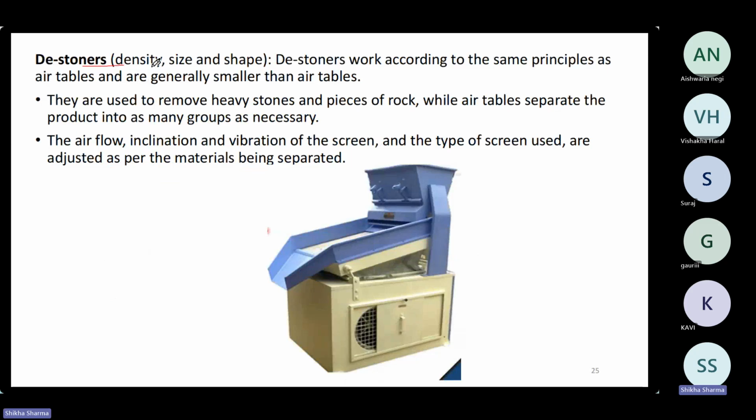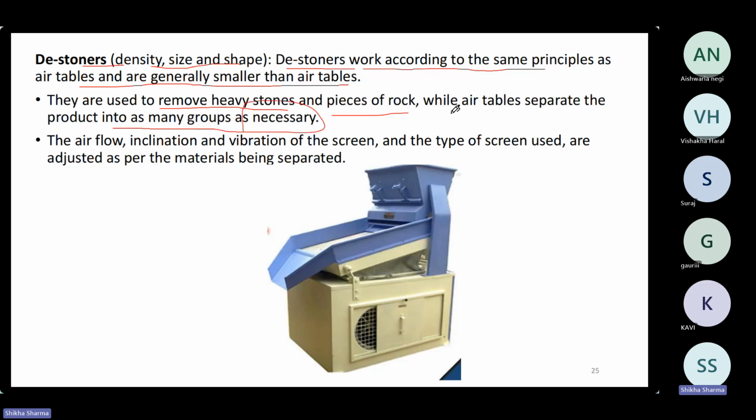Destoners basically separate based on density, size and shape. They work according to the same principle as air tables, and they are generally smaller than air tables. They also have the same mechanism, and they remove heavy stones or pieces of rocks, while air tables separate the product into as many groups as necessary.